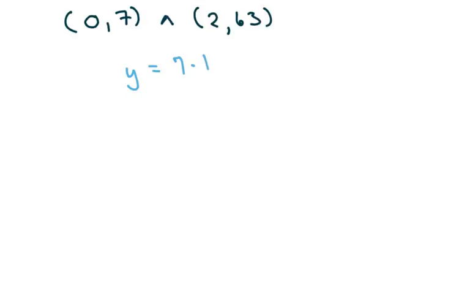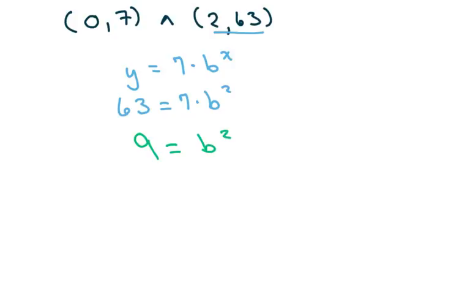The next one, we have (0, 7) and (2, 63). My y-intercept is 7. You plug in your other point. Now we're going to divide both sides by 7, so you get 9 equals b squared.